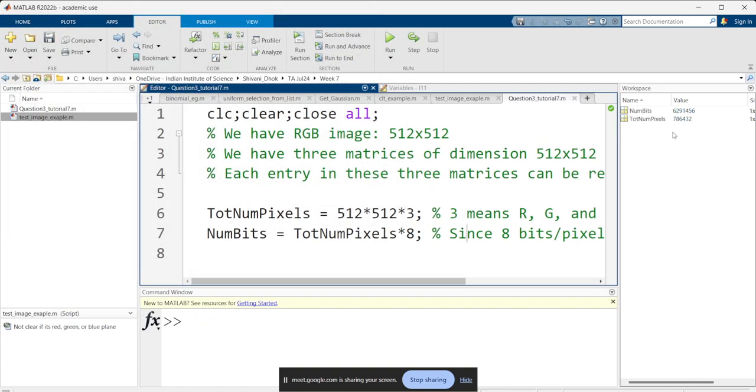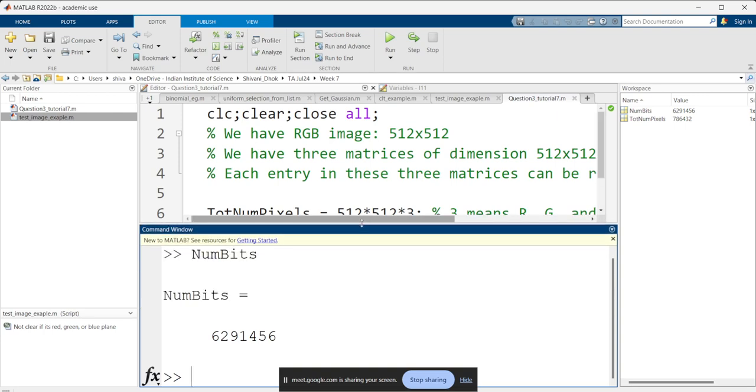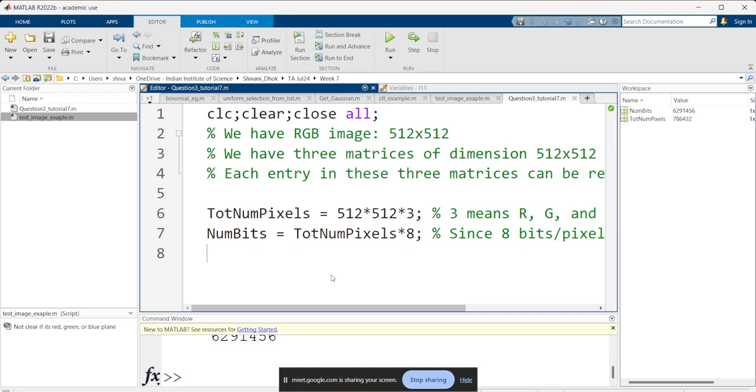Okay, so the total number of bits required here, I'll just write it here. Is this huge? This is uncompressed data. This is the number of bits, so this is the file size. These many bits are required to save this particular image if we don't compress.